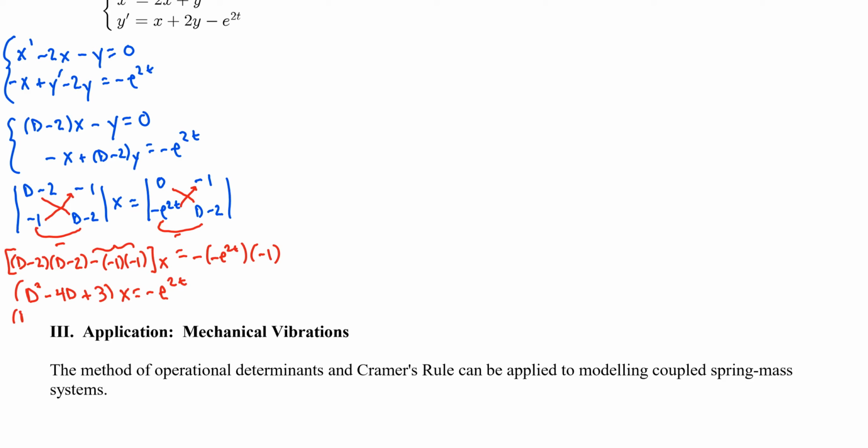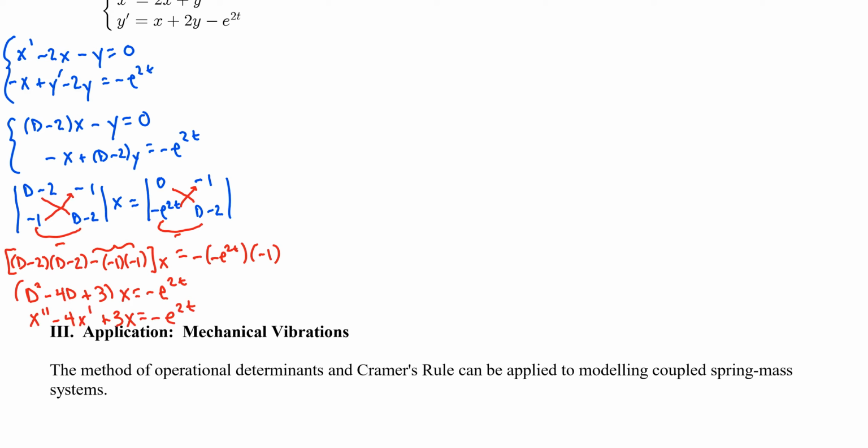Factoring on the left side, we have D - 3 times D - 1. What does this mean? This means x double prime minus 4x prime plus 3x equals -e^(2t).